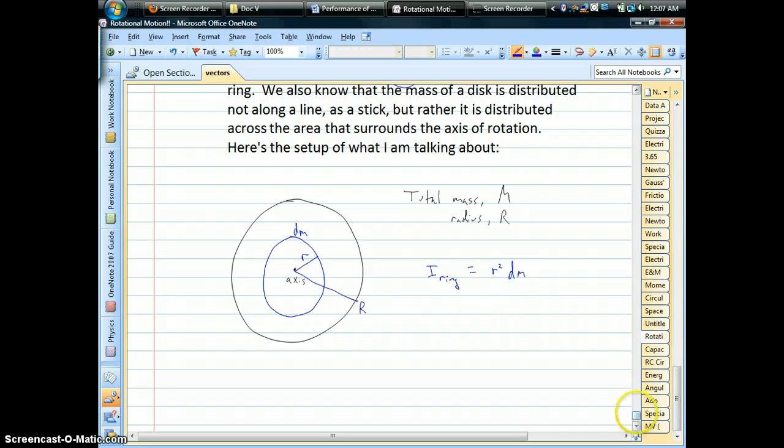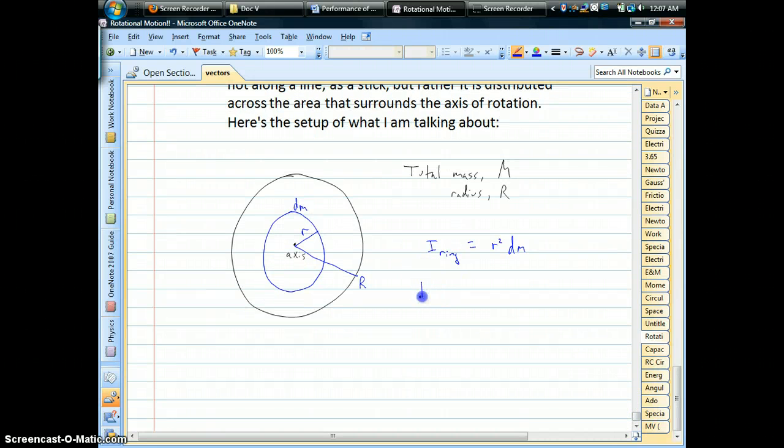If you want the total inertia, we have to add up a whole bunch of these rings, all of different radii, different sizes, one after another, in order to get that total inertia.